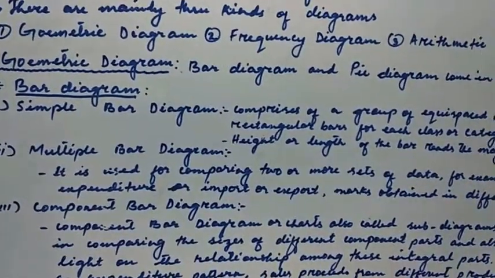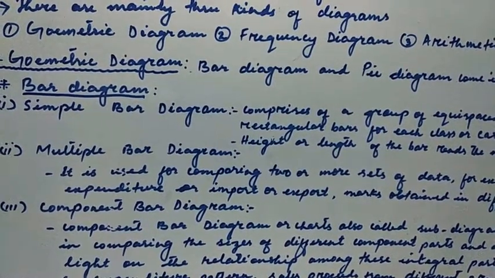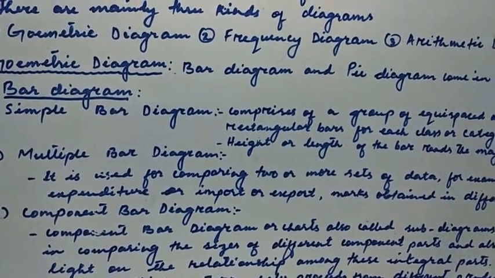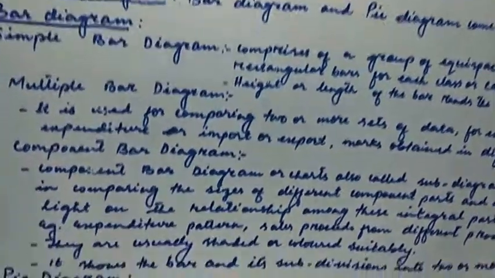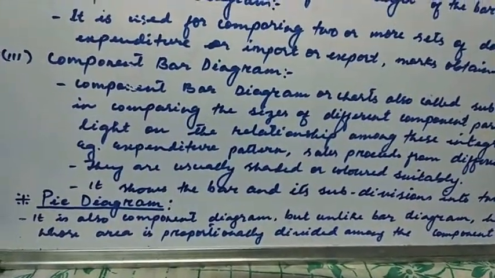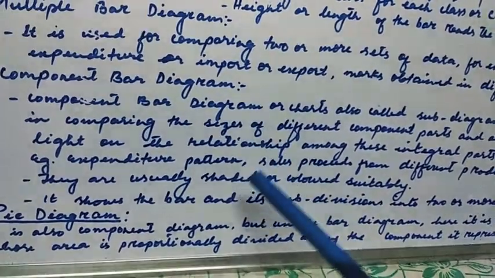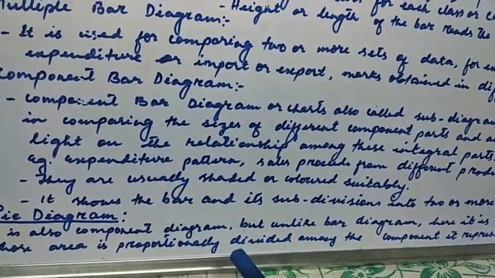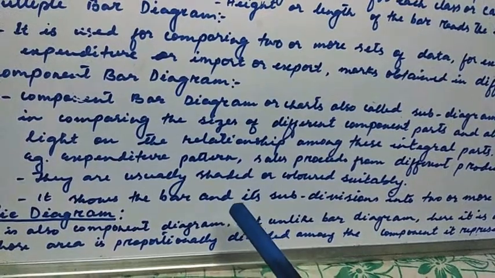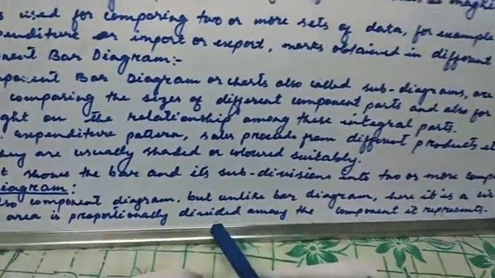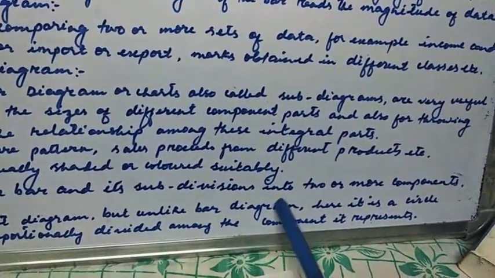Under geometric diagram we have explained bar diagram. Now we have come to explaining the pie diagram. What is a pie diagram? Pie diagram is also a part of a component diagram because through charts or diagrams we are representing two data. But unlike bar diagram, here it is a circle.